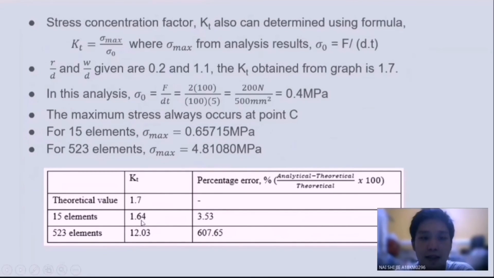We obtain that KT for 15 elements is 1.64. The percentage error is 3.53%, relatively small. For 523 elements, we obtain KT is 12.03, and the percentage error is quite big, over 100%. This is maybe caused by an inappropriate assumption we made in the previous analysis.